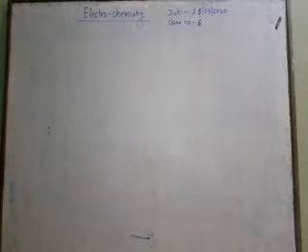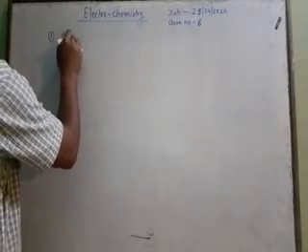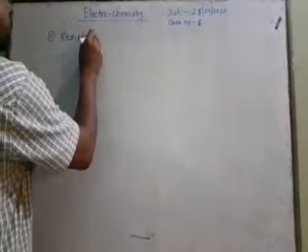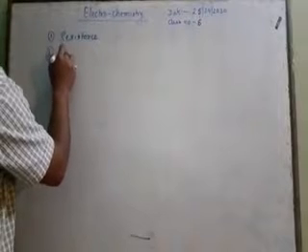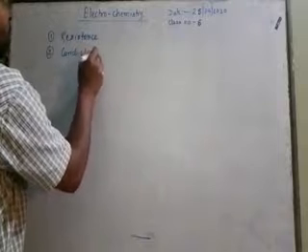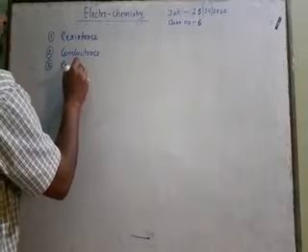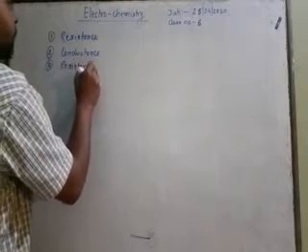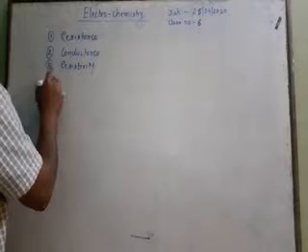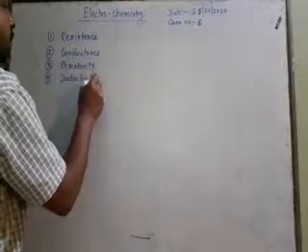Students, in the previous class we studied four quantities. One is resistance, second is conductance, third is resistivity, and fourth is conductivity.